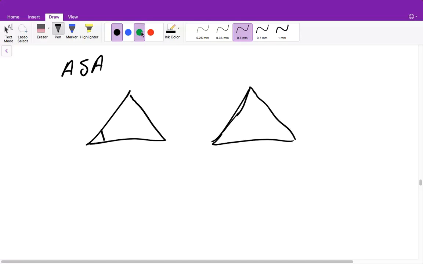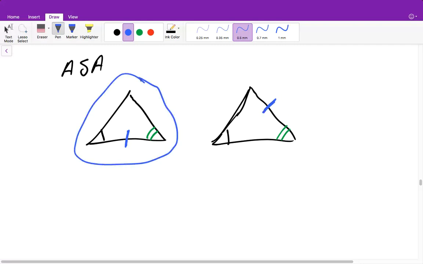So what I mean is if I say this angle is congruent to this angle, this one here is congruent to this, and it needs to be exactly the same. So meaning the side needs to be between it. So just because we see that one of these has a side in between, since it's not identical to the one to the left because this one is not between the two angles, we cannot say that angle, side, angle is correct.